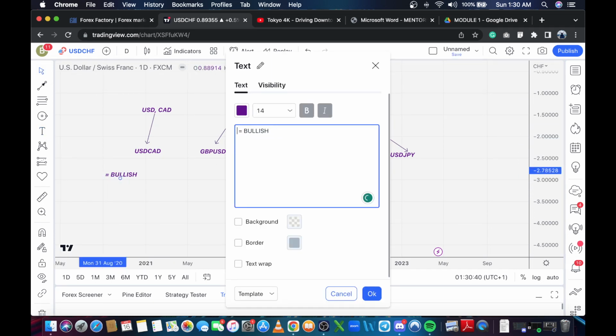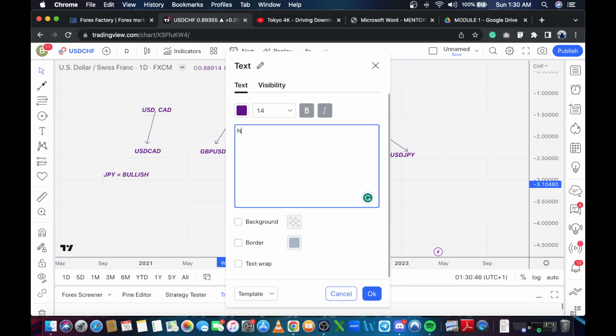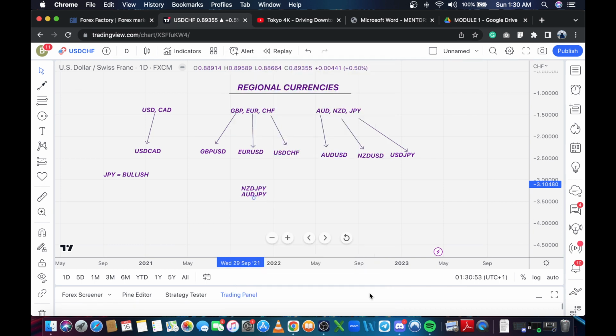If Japanese yen is strongly bullish, then what we expect is NZD/JPY and Aussie yen to be very bearish, because again the code pair here is yen. Okay, so expect them to be very bearish against the yen. Plus they're also from the same region, so they're very closely correlated.